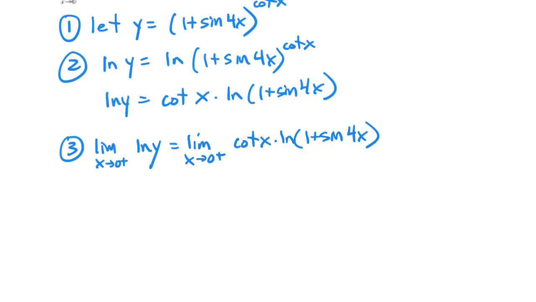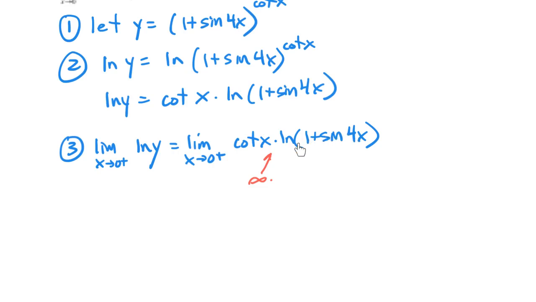So when we look at this one, if we take the limit here as x approaches 0, cotangent, because it's cosine over sine, is going to go towards infinity. And then the natural log, think what we've got here. As x approaches 0, this goes to 0, so we have the natural log of 1, which is really 1 plus a bit above 1.